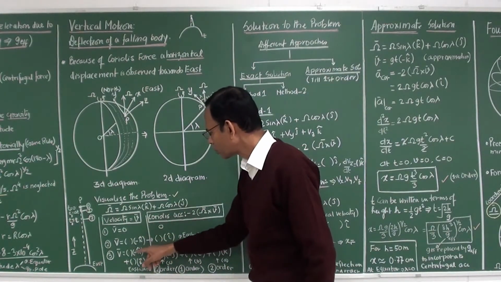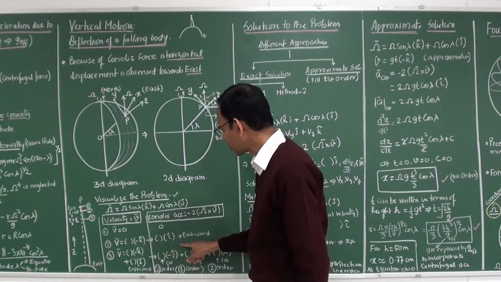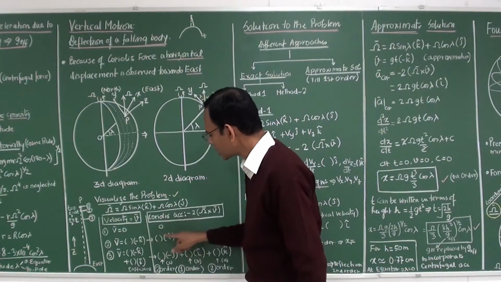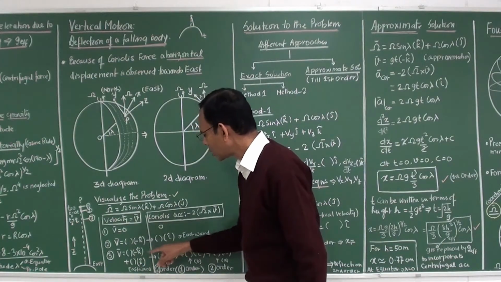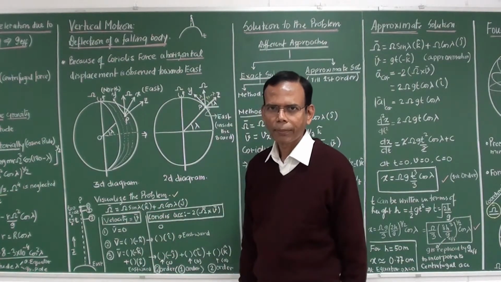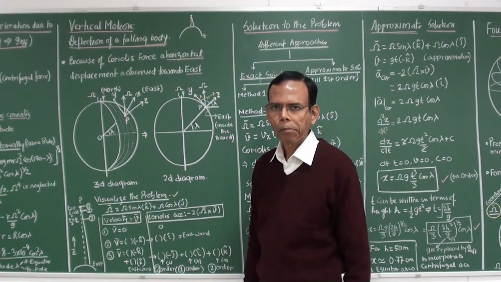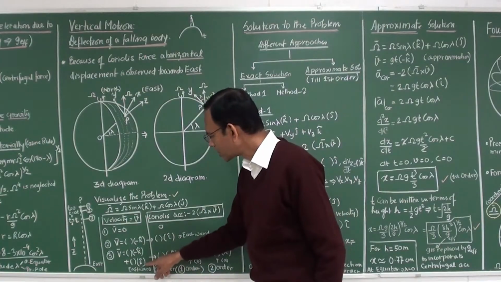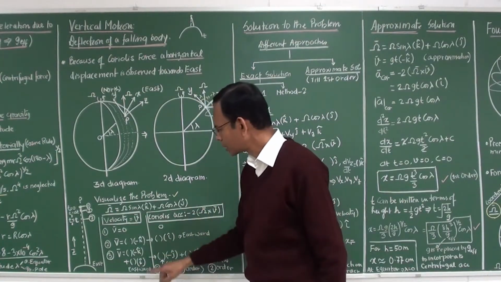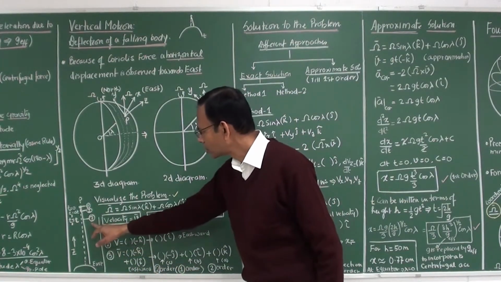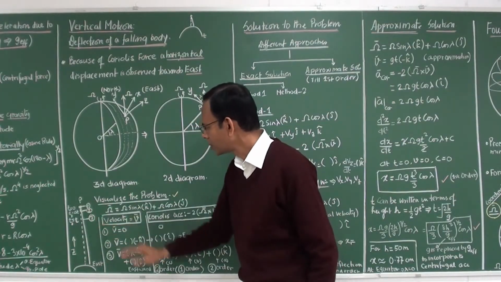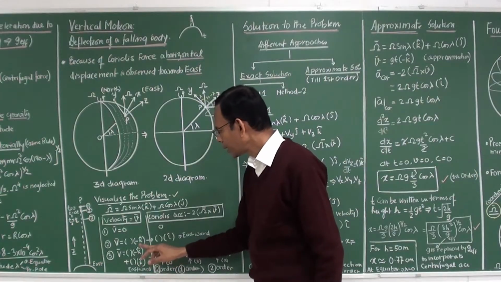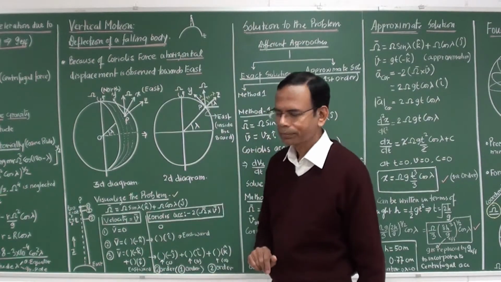So minus k cap plus i cap, because of the Coriolis acceleration that we have seen in step 2. You have two components: minus k cap is much larger, but there is also a small component in the i cap direction.